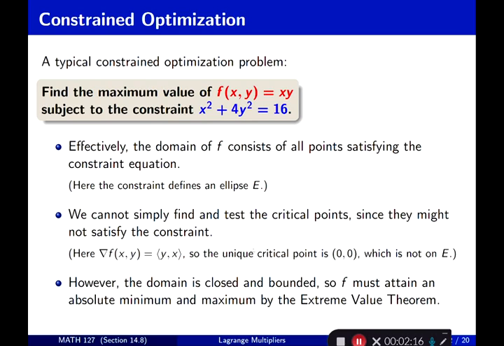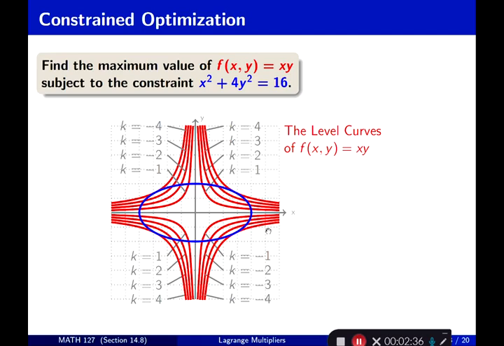And so the good thing about this new domain, the blue ellipse, is that it's closed and bounded. And so by the extreme value theorem, there has to be a max and min on this ellipse. Now, let's look at how the level curves of this function look.